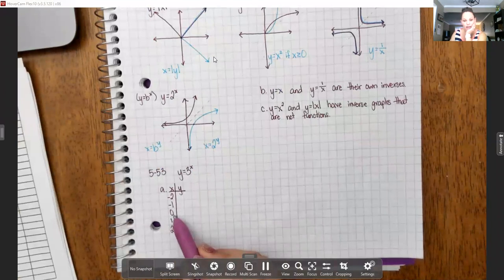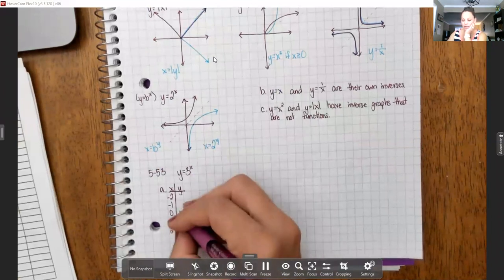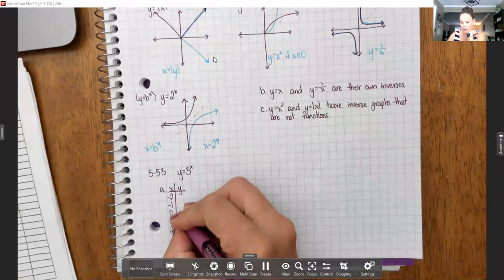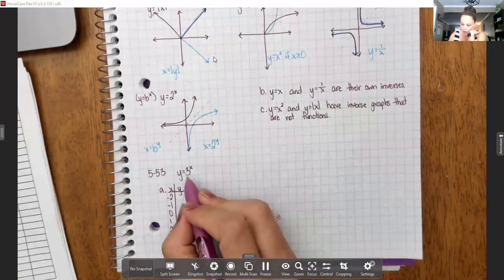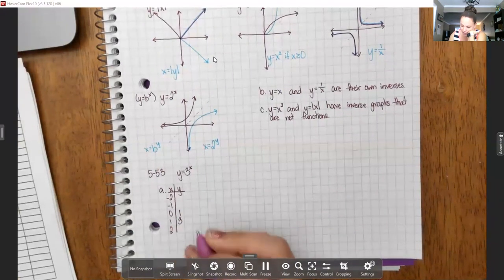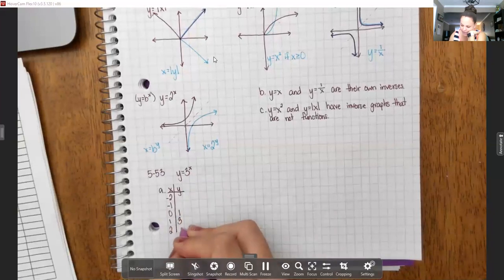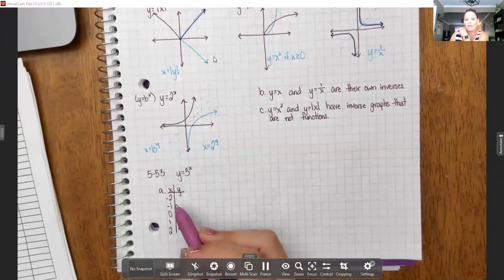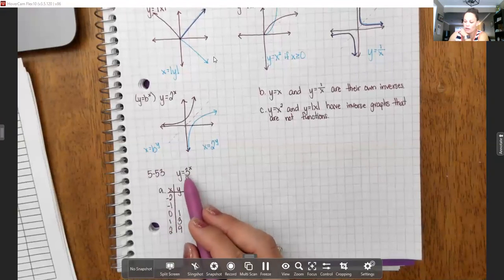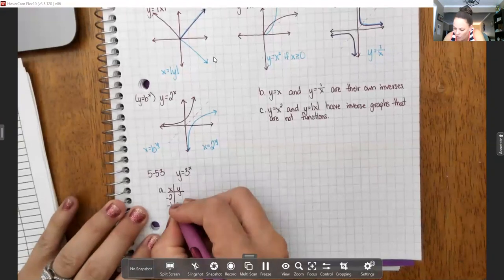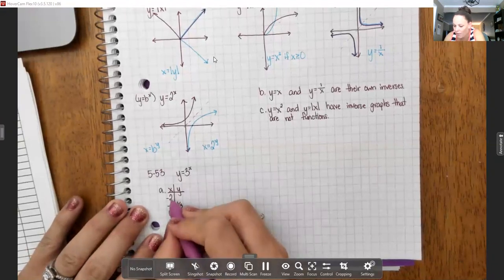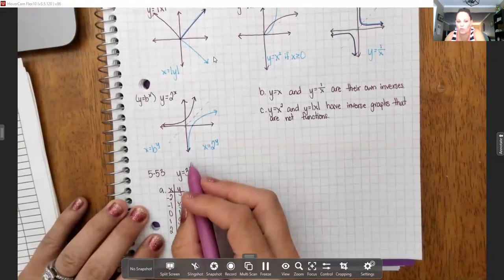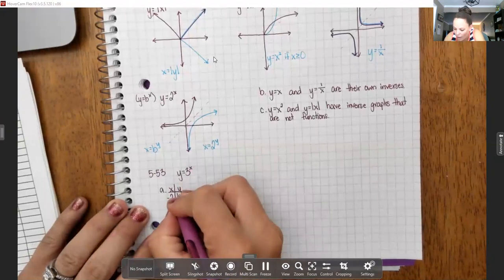So we know if we plug in 0, anything to the 0 power, remember, is 1, not 0. If I plug in 1, 3 to the 1 is 3. If I plug in 2, 3 squared is 9. And remember, negative exponents are the reciprocal. So if I plug in -1, 3 to the power of -1 is 1/3. 3 to the power of -2 is 1/3 squared, or 1/9.